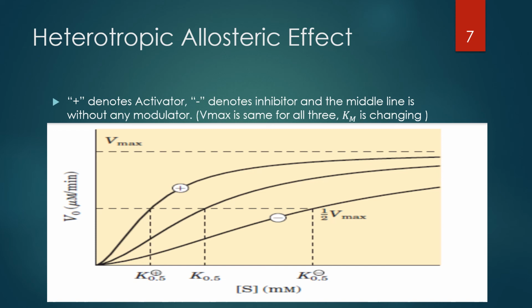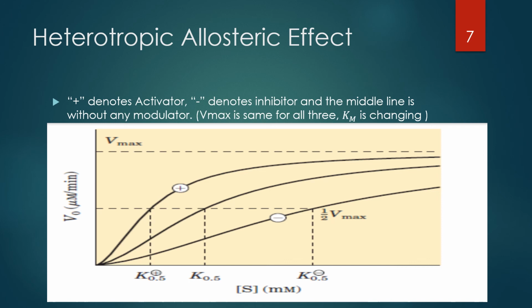So what changes over here is the Michaelis-Menten constant, the K value, or what is denoted by the K 0.5, right? We see that the activator has a lesser Michaelis-Menten value than when there is no modulator or regulator, and the inhibitor has a higher Michaelis-Menten value than when there is no activator or inhibitor.